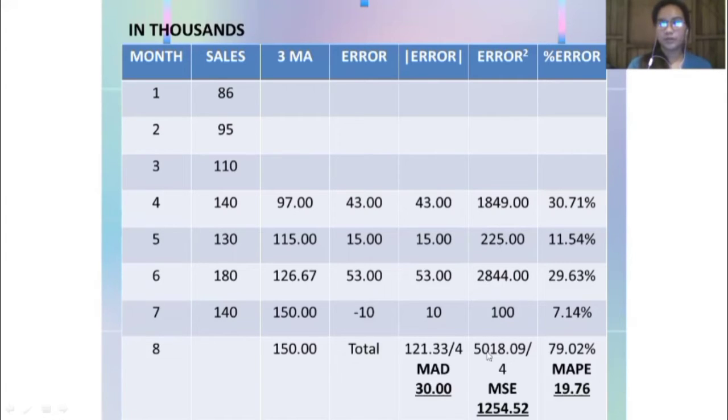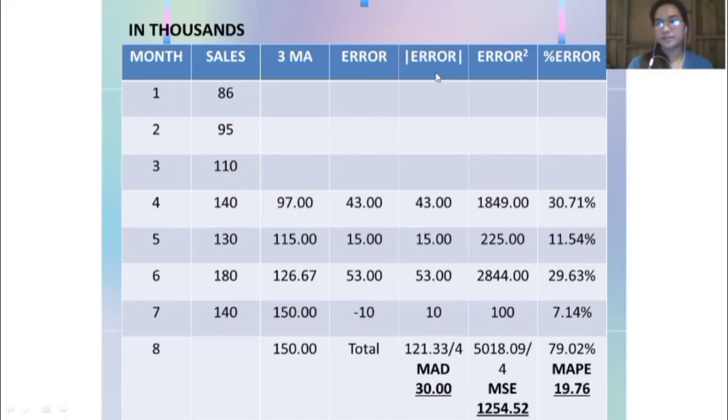So add those 4, we can get 5,018.84. Then divided by 4, our MSE, or mean squared error, is 1,254.22.